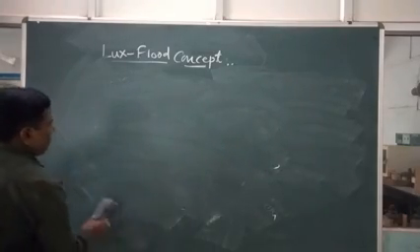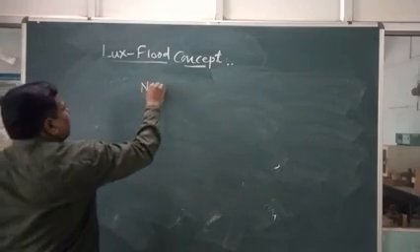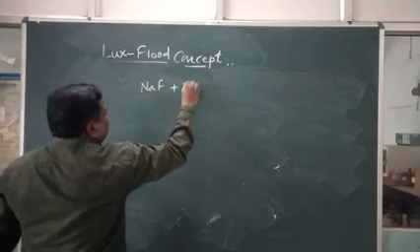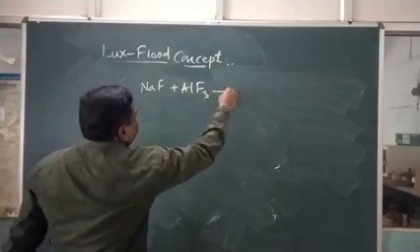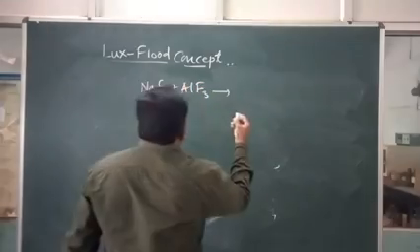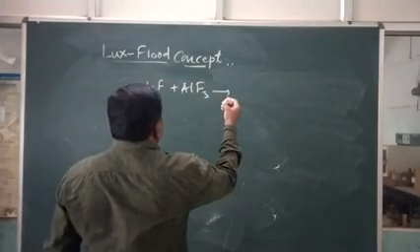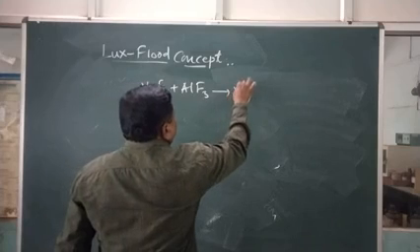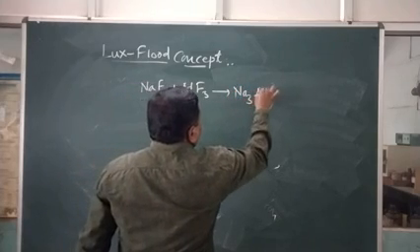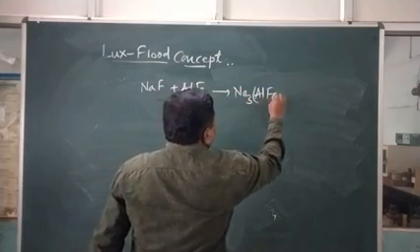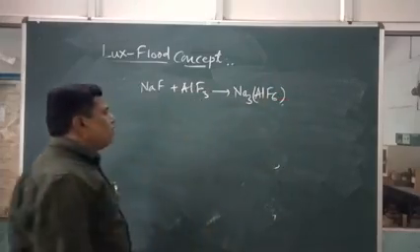Also sometimes ionic form can be taken. Auto-ionization can also be explained. Suppose we have taken NaF plus AlF3. Now this can be used to give Na3AlF6. This idea can occur.